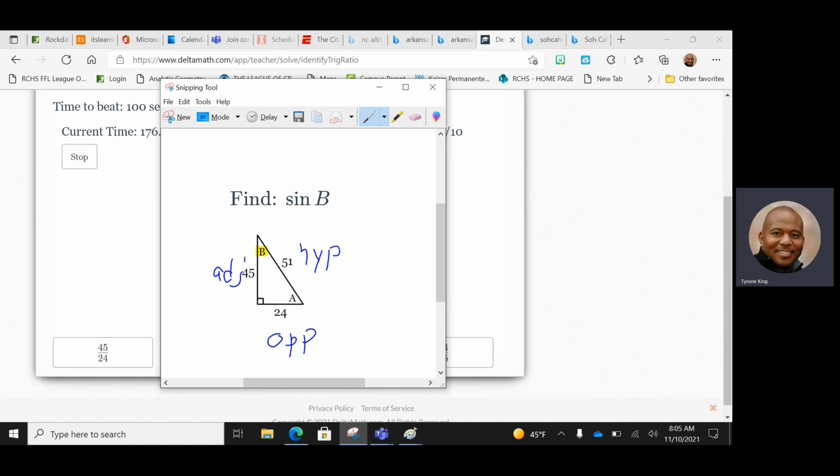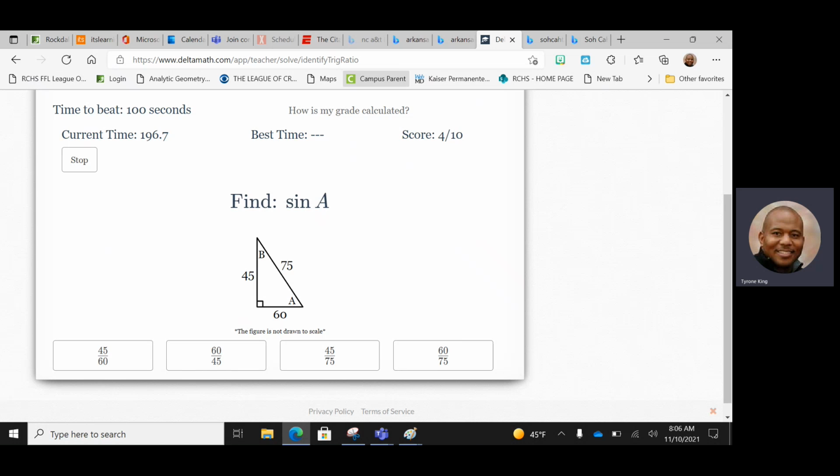They want sine, and I know sine is opposite over hypotenuse. So opposite over hypotenuse is 24 over 51. Got it done.